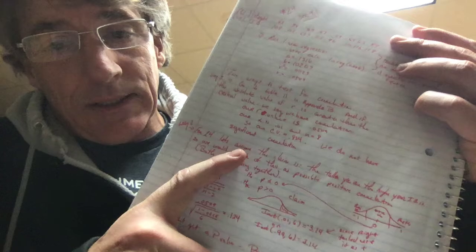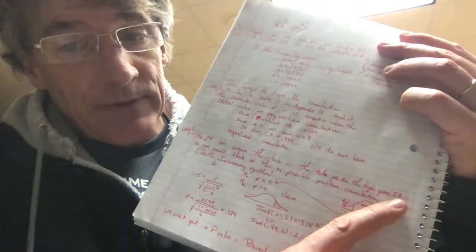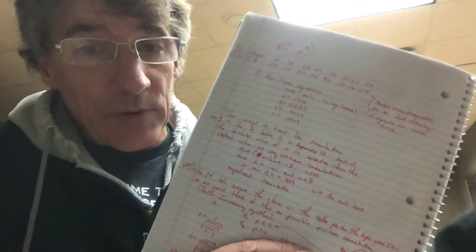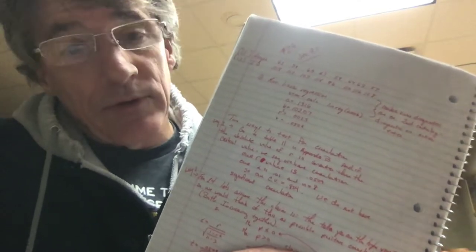I'm forcing a claim in this case, because they didn't give us one: the taller you are, the higher your IQ is. I'm thinking about this as a possible positive correlation, because they're both increasing. Negative correlation is when one moves positively and the other moves negatively.